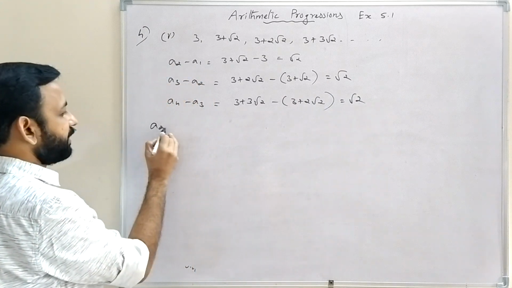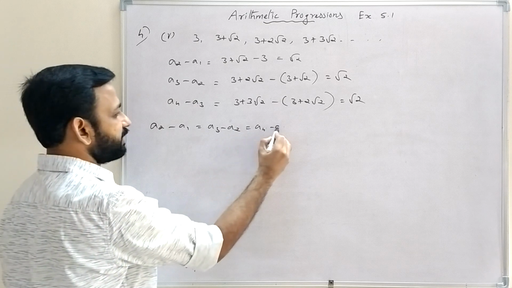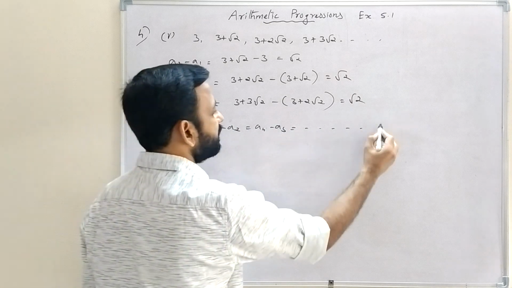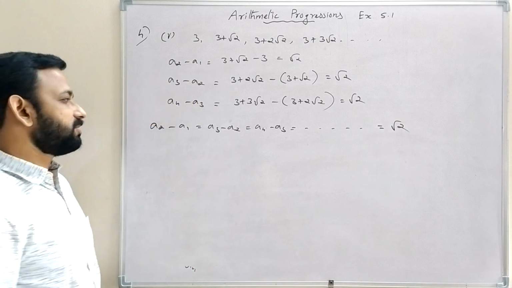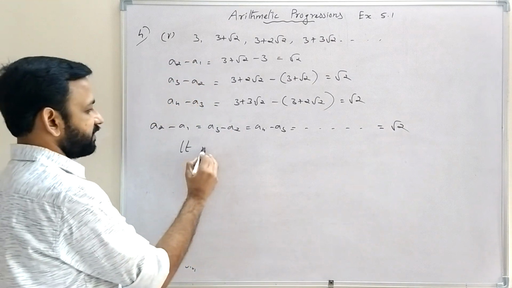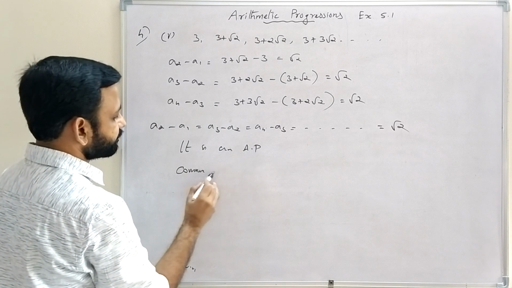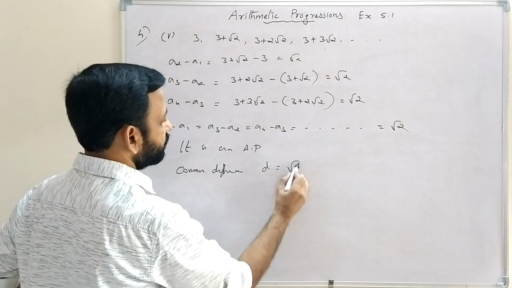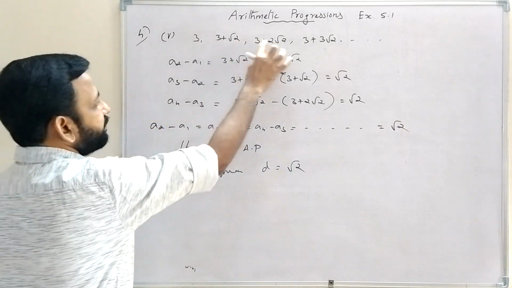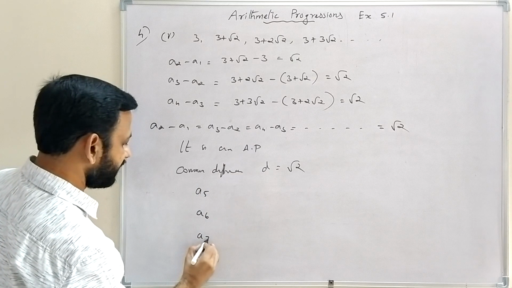So here A2 minus A1 equal to A3 minus A2 equal to A4 minus A3 equal to, it goes on, equal to root 2. So the difference is common. So it is an AP. Then the common difference D equals root 2. Now we have to find A5, A6 and A7.